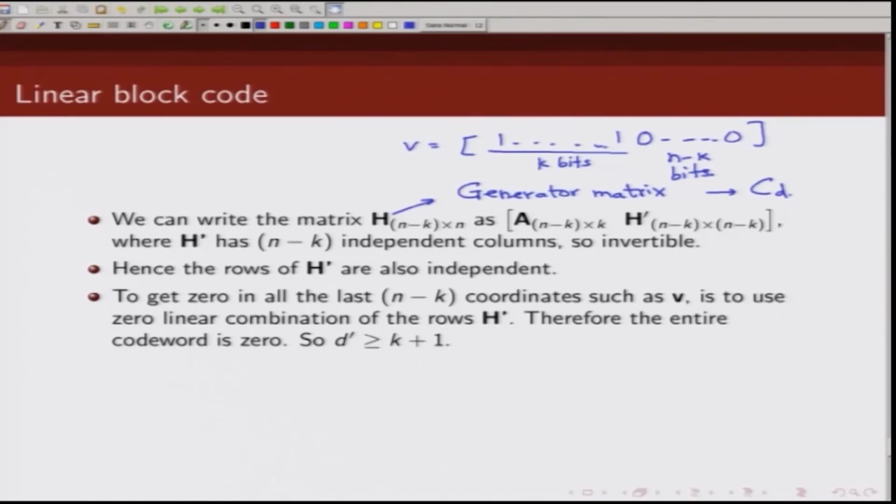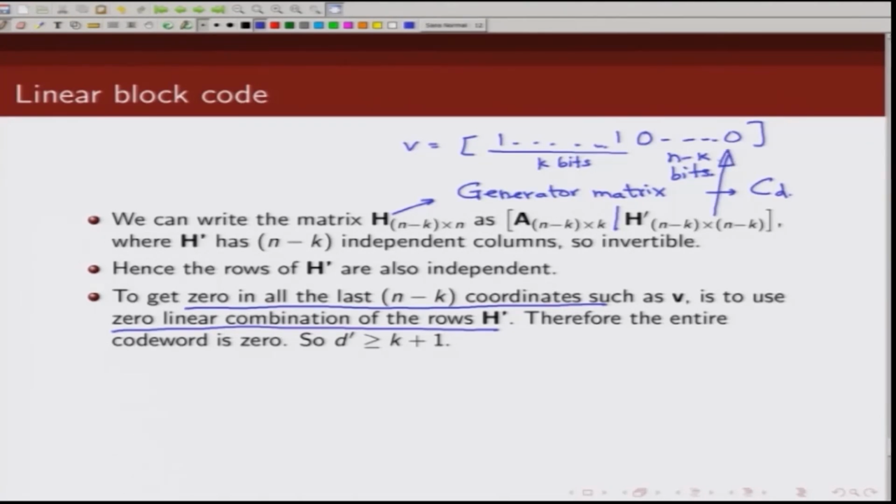this matrix. Now remember, to get 0 in the last n minus k coordinates, and this consists of n minus k linearly independent columns and rows, the only way we can get it is if we use a 0 linear combination of all rows. If we do 0 times all the rows, that is the only way we can get this condition.